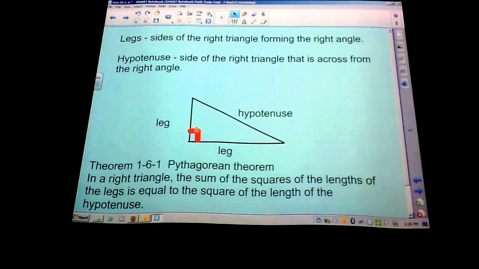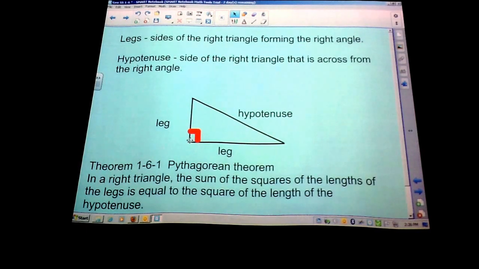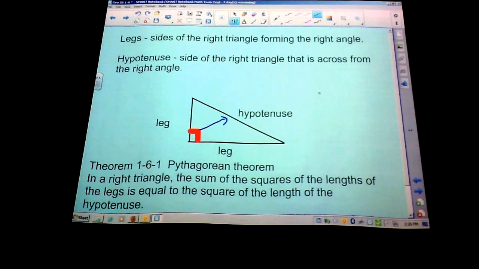So you might remember there should be a little red box or a little box in the corner to signify that it's a right angle. So the 2 that are adjacent or create that right angle, those are going to be your legs. The one straight across has a special name called the hypotenuse, and it's always the longest side in a right triangle.